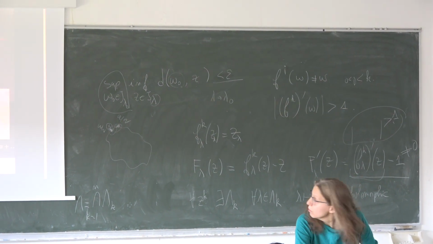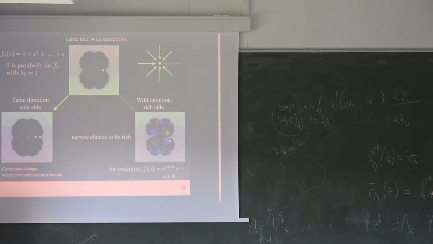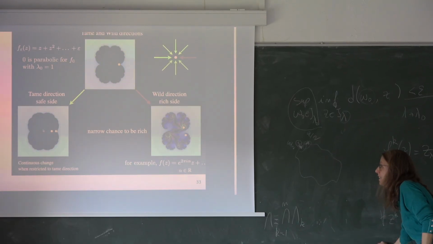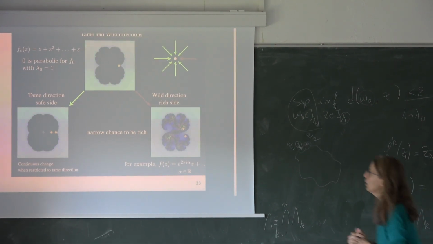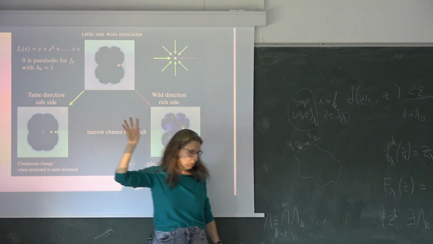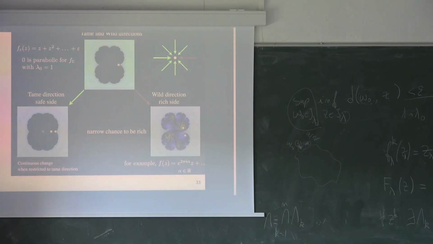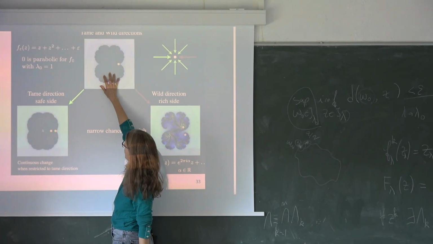Oops, it does not fit, okay, sorry, it was cut. So I will explain very quickly what is going on. You can do this for z plus z squared, but also when you have a higher order term, it works also. Okay, so the filled Julia set looks like this picture.